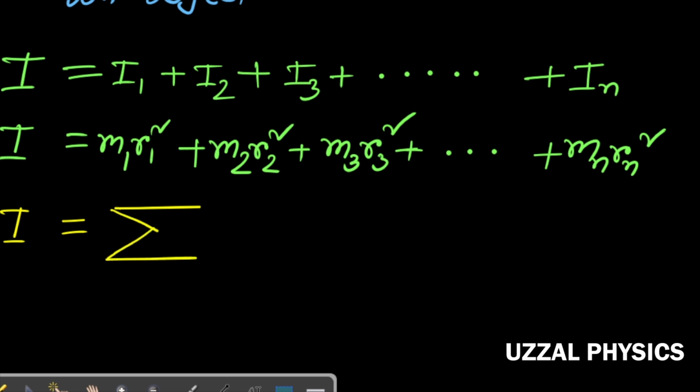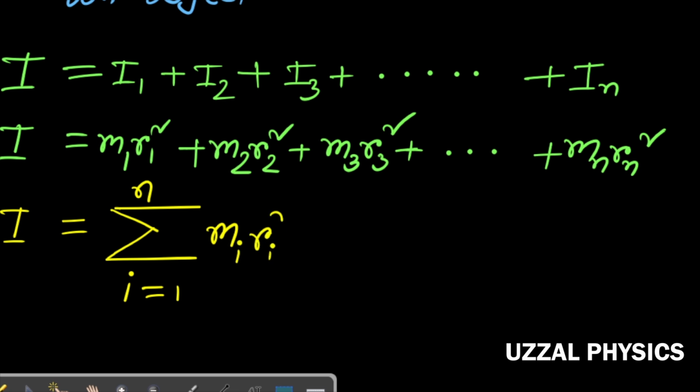When we use this symbol, at first we confirm the limits. Suppose the lower limit is i and the upper limit is n. Our value of i starts from 1. Now we write here m_i r_i squared.